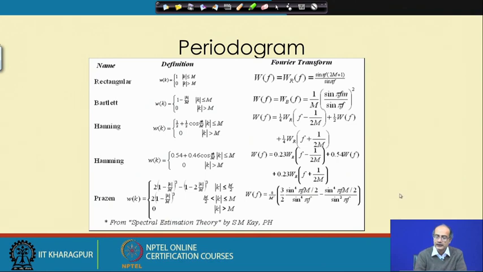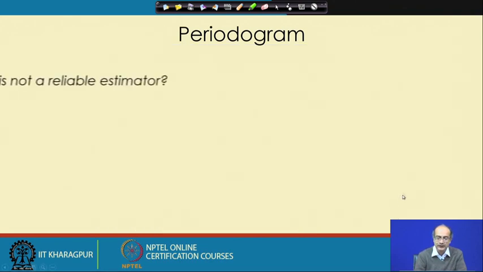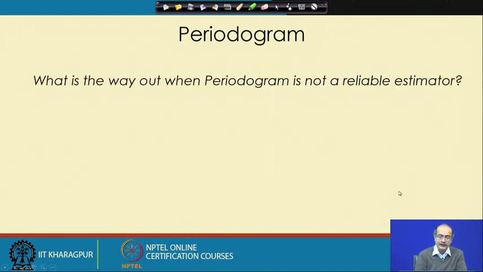Now, let us move forward from here, where we get a dilemma. So far we have found that the periodogram makes life easy and we all use it in real life, but we get to know after taking the previous session that it is not a reliable estimator.